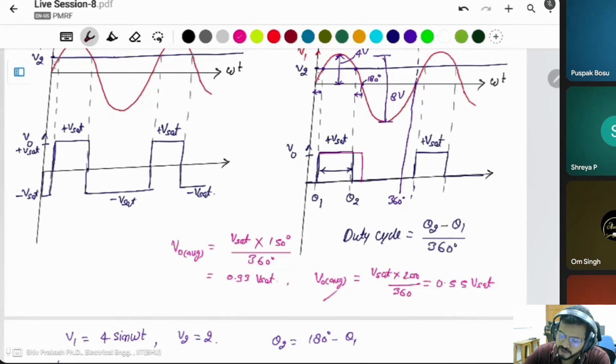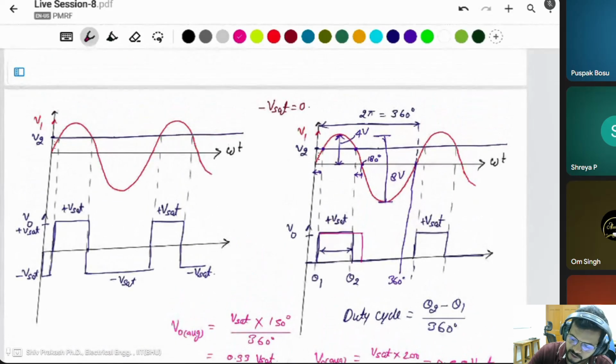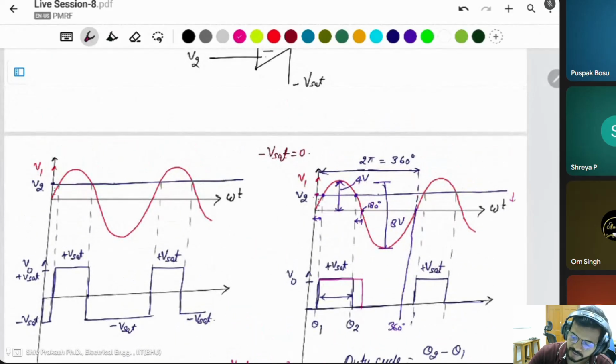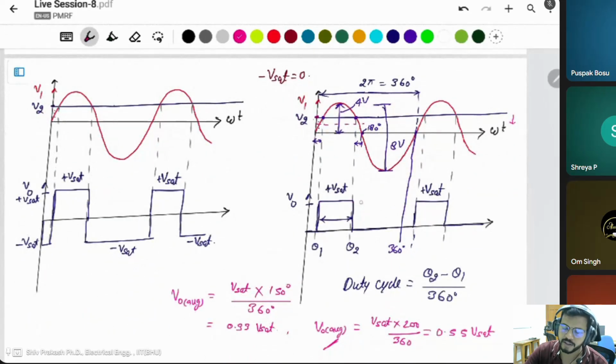It means the output voltage will be increased as the duty cycle is increased. Why does it increase? Simply, you have to decrease the reference voltage V2. You decrease it here, then the duty cycle will be increased. This control circuit is used to control the output voltage of any converter, DC-DC converter. This looks like pulse width modulation.